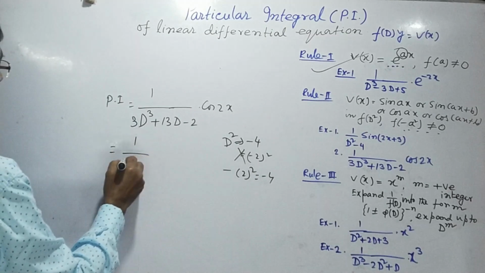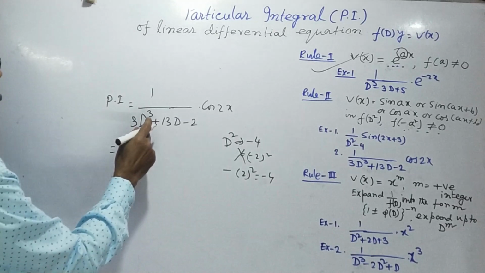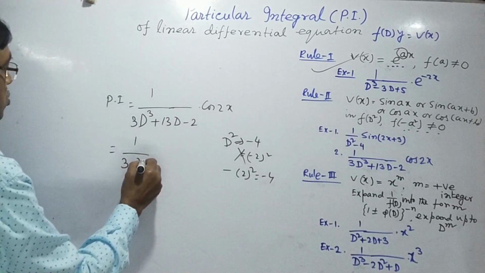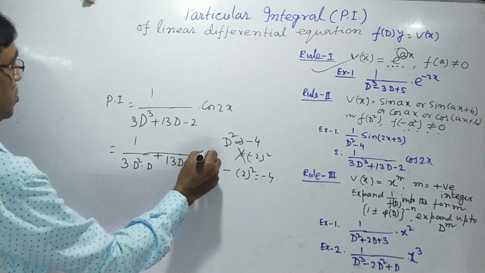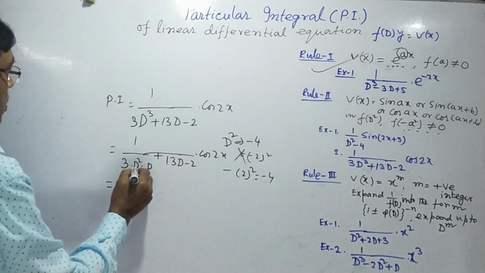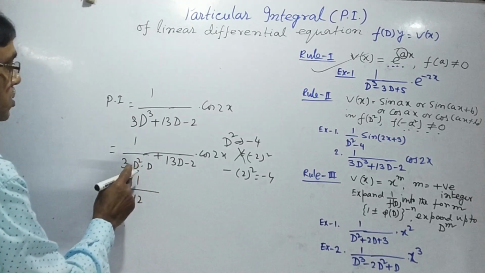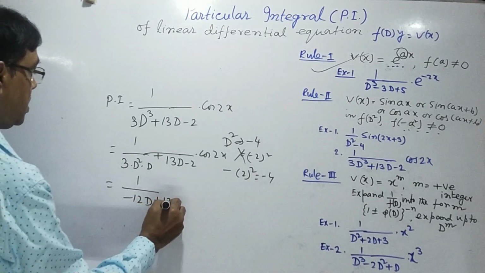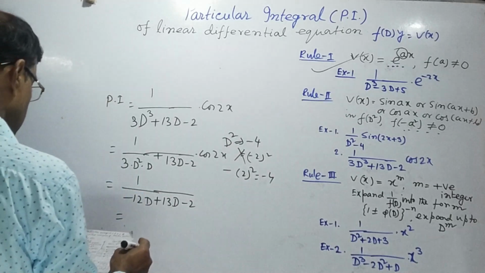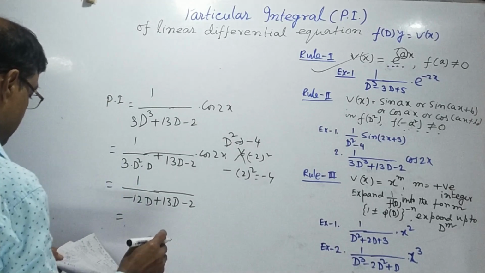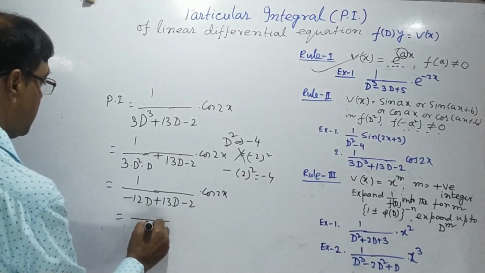This equals 1 by 3 into D into D square plus 13D minus 2, into cos of 2x, that is, D square equal to minus 4: 1 by 3 into minus 4 into D, minus 12D plus 13D minus 2, that is equals D minus 2, so cos of 2x by D minus 2.